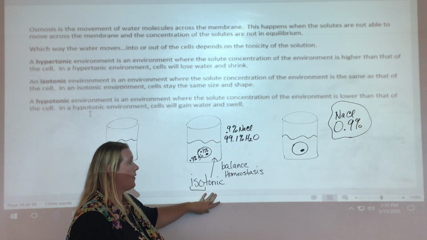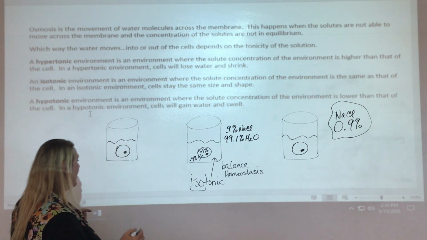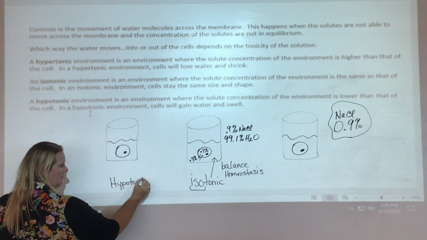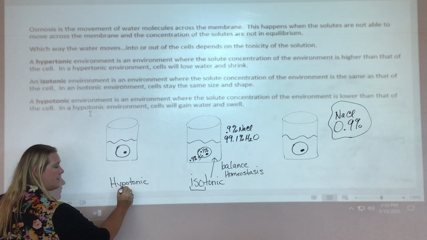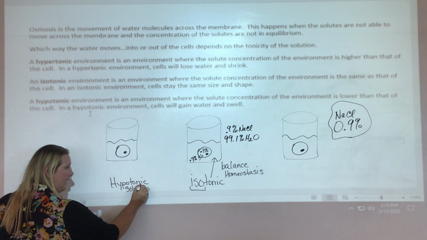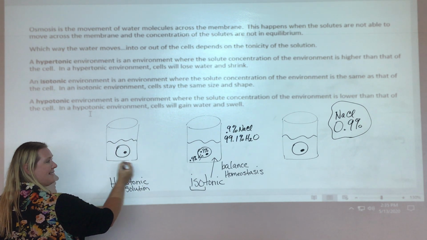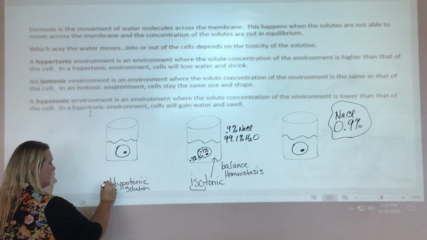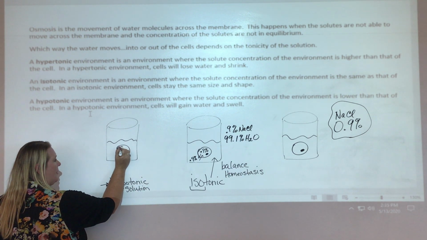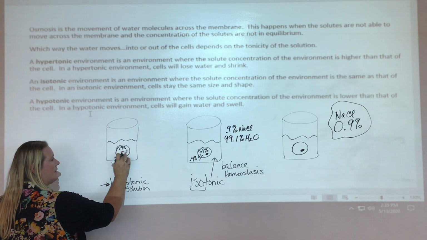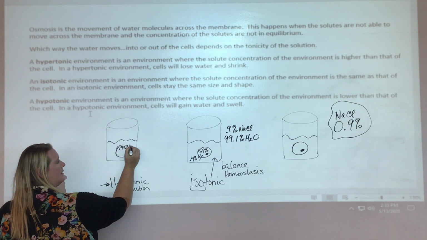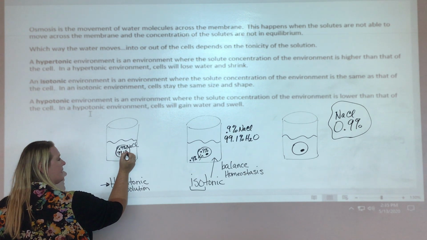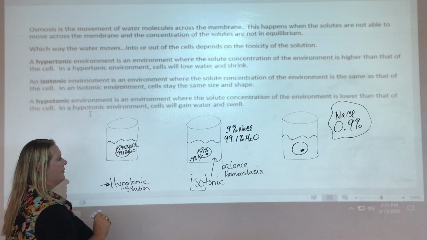If we're looking at hypotonic solution, again, we're talking about the liquid part outside of this cell. The cell is in this solution. The cell is still 0.9% salt, which means it's 99.1% water.